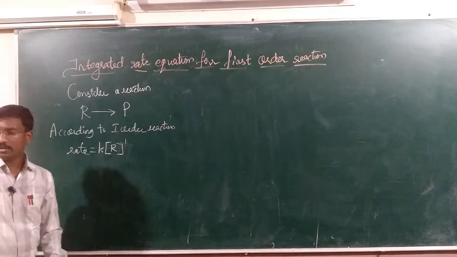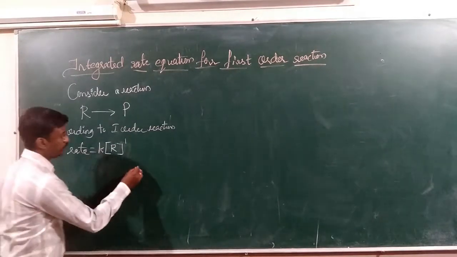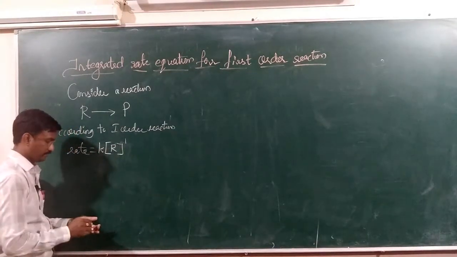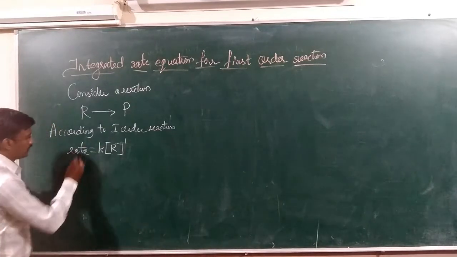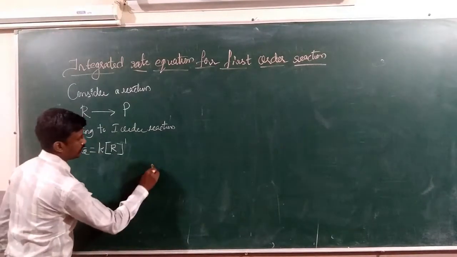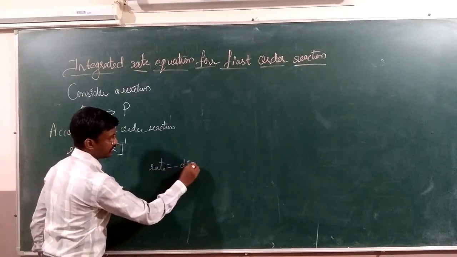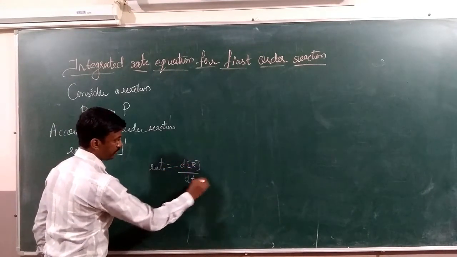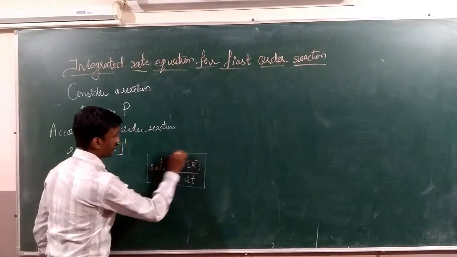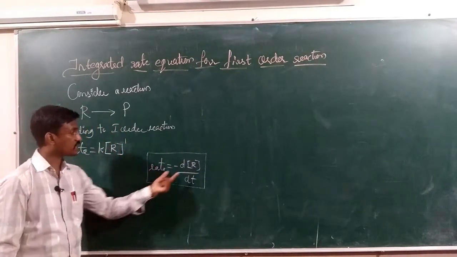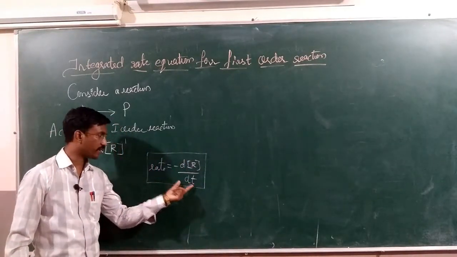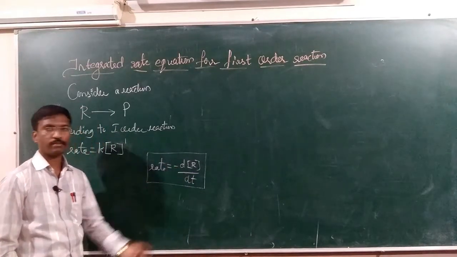So we know that the rate expression can be written as minus dR upon dt, the rate of the reaction with respect to the concentration of the reactant. We can represent rate is equal to minus dR by dt.